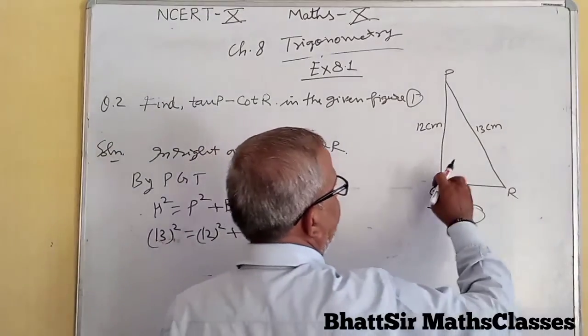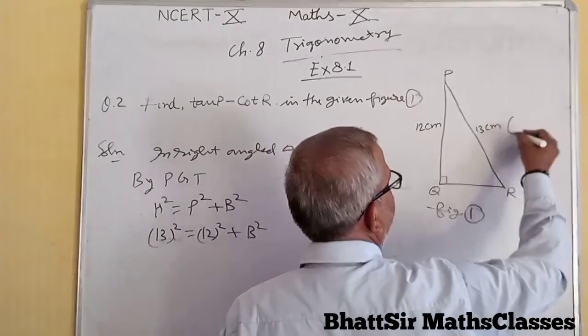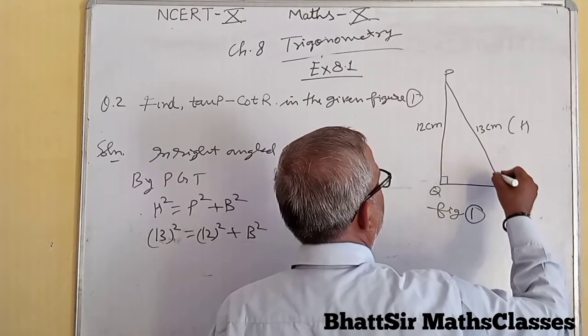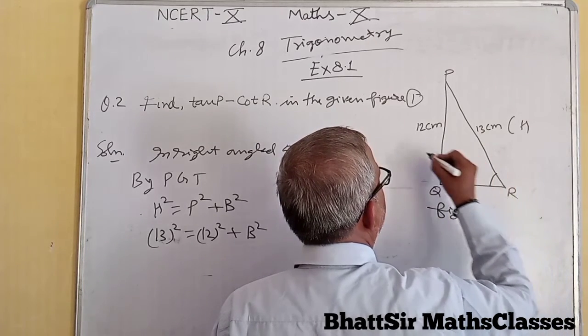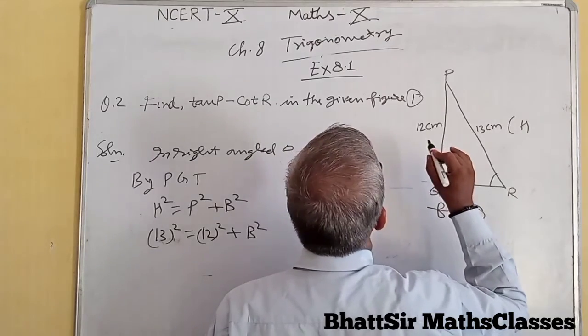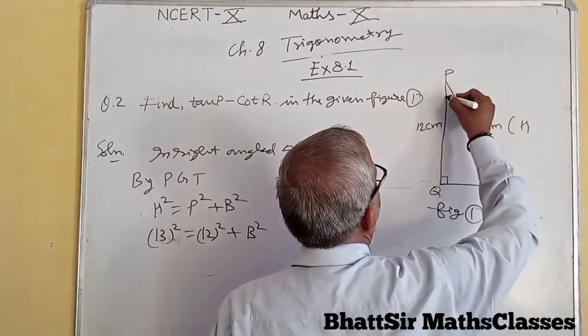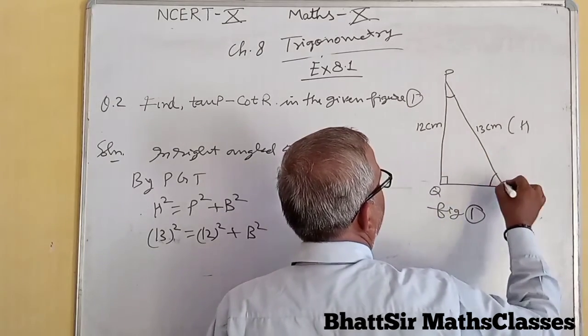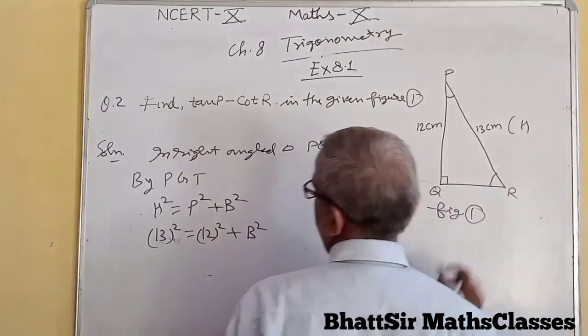Now opposite side of 90 degree is the hypotenuse. For angle R, it is the perpendicular; for angle P, it is the perpendicular is... angle P, it is the base. Angle R, it is the base; angle R, it is the perpendicular.